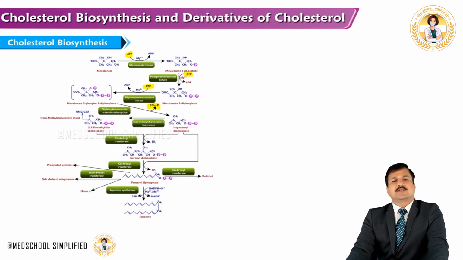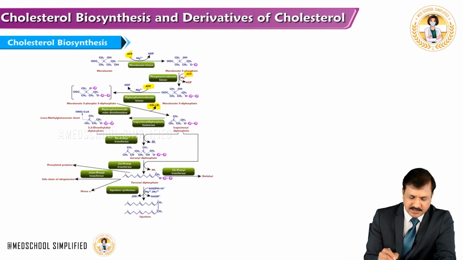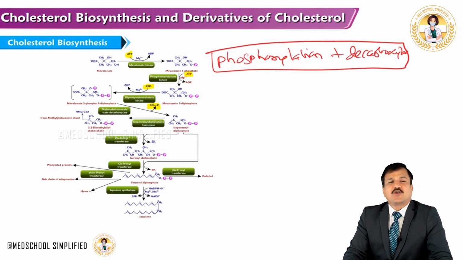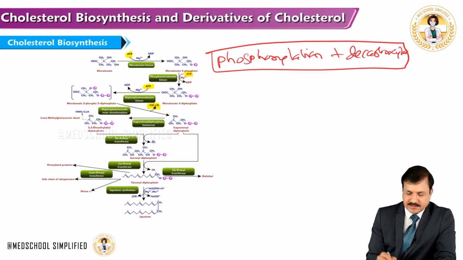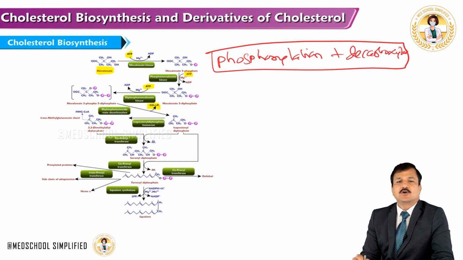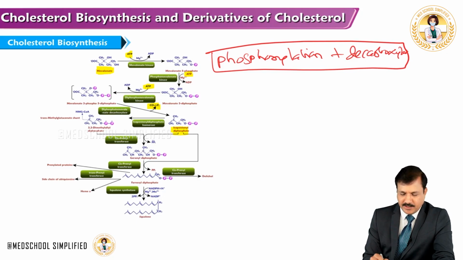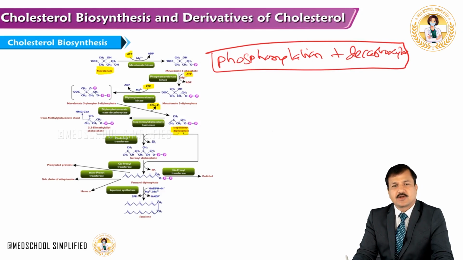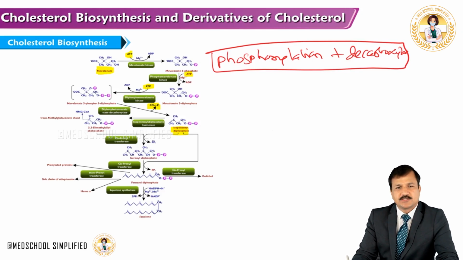So phosphorylation and decarboxylation, I would just write it that way. Mevalonate is the one that is converted into isopentenyl diphosphate. This isopentenyl diphosphate is a 5-carbon molecule, as you can count the number of carbons here.